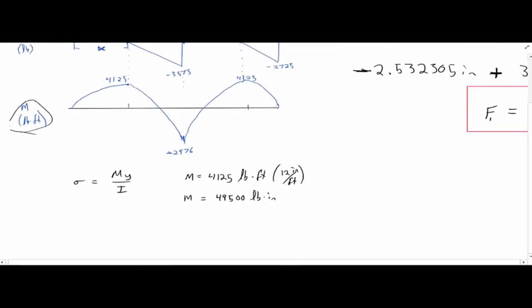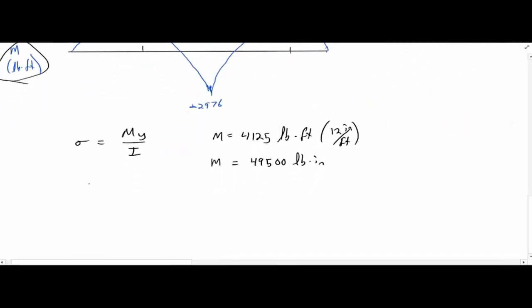So going back to our equation, we can say sigma bending max is going to equal 49,500 pound-inches multiplied by 4 inches divided by the moment of inertia that we solved for earlier.